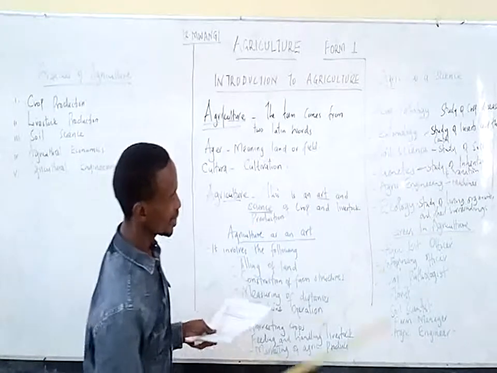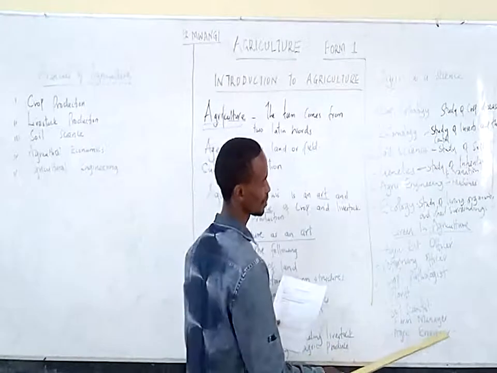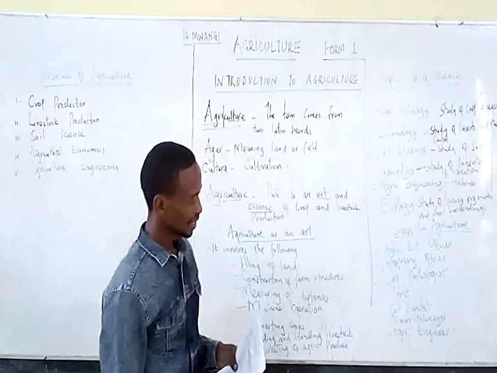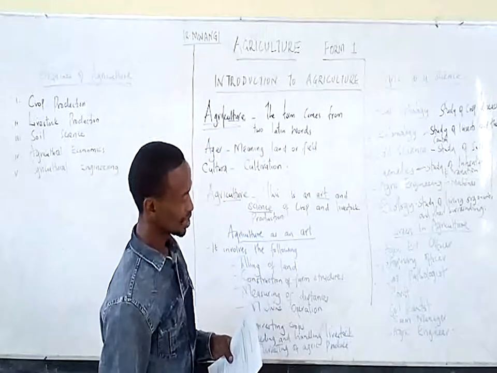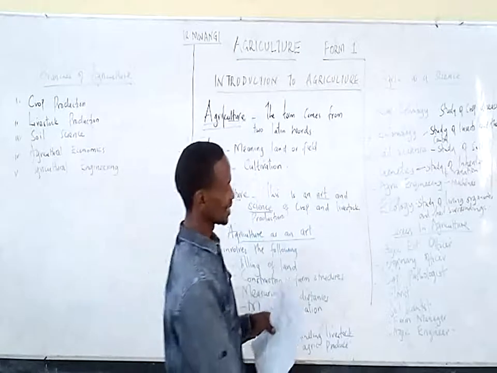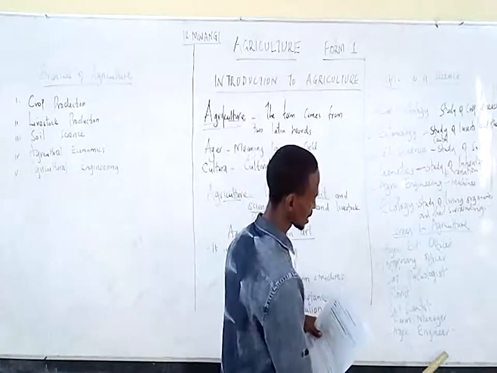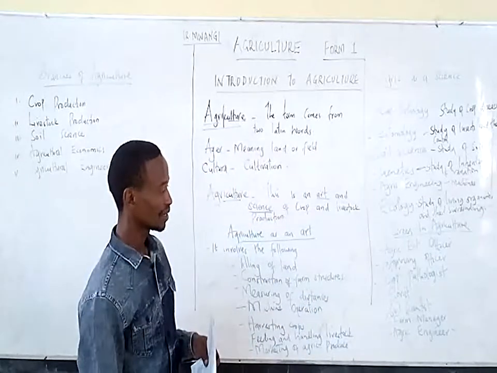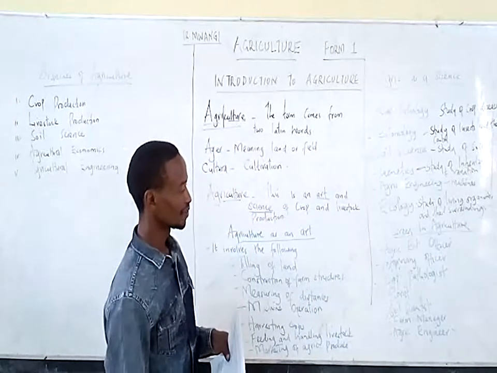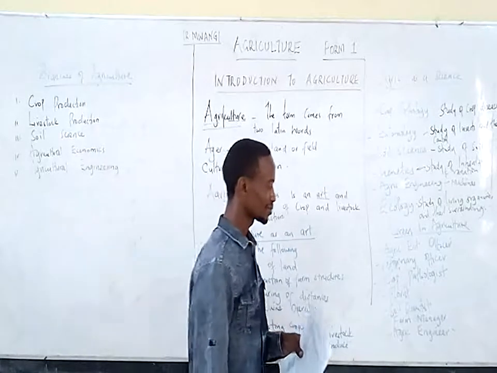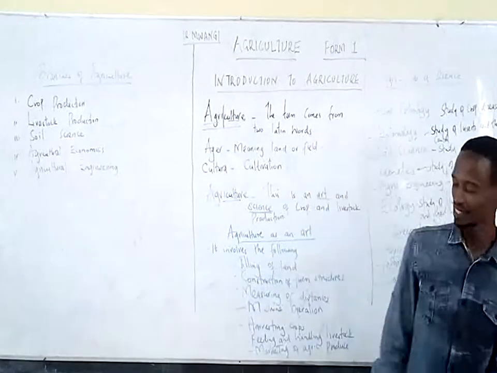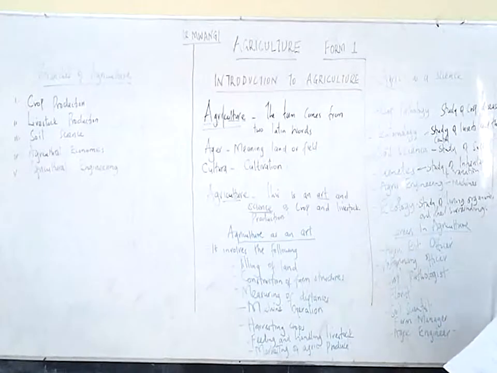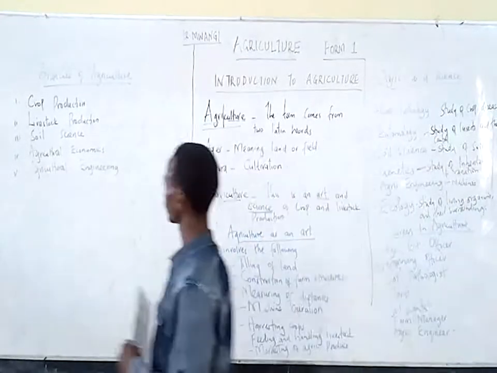So if you pursue agriculture, then eventually you become a good farm manager, and then the farm will be in a position to make profits. Then again, you can also become an agricultural engineer. An agricultural engineer is in charge of the farm machineries and also inventing more and more machineries to help in agricultural production.